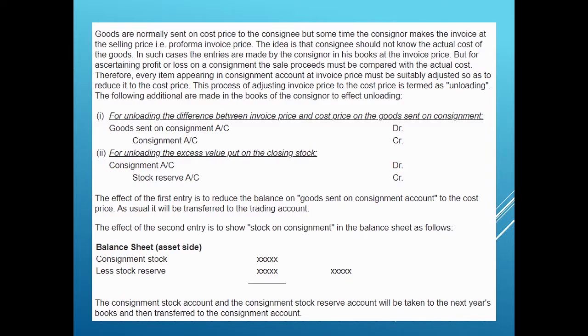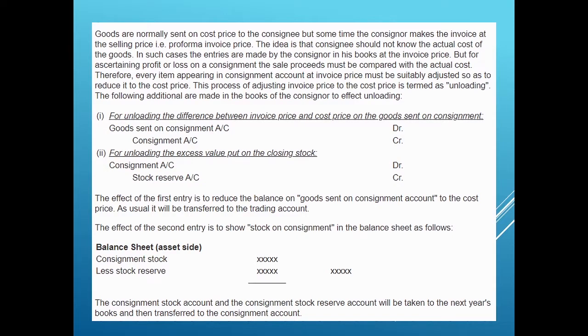Suppose the cost price is 100 and the consignor asks the consignee to sell for 150 rupees. The consignee will know the difference between cost and selling price is 50 rupees, so for each unit the consignor is gaining 50 rupees.